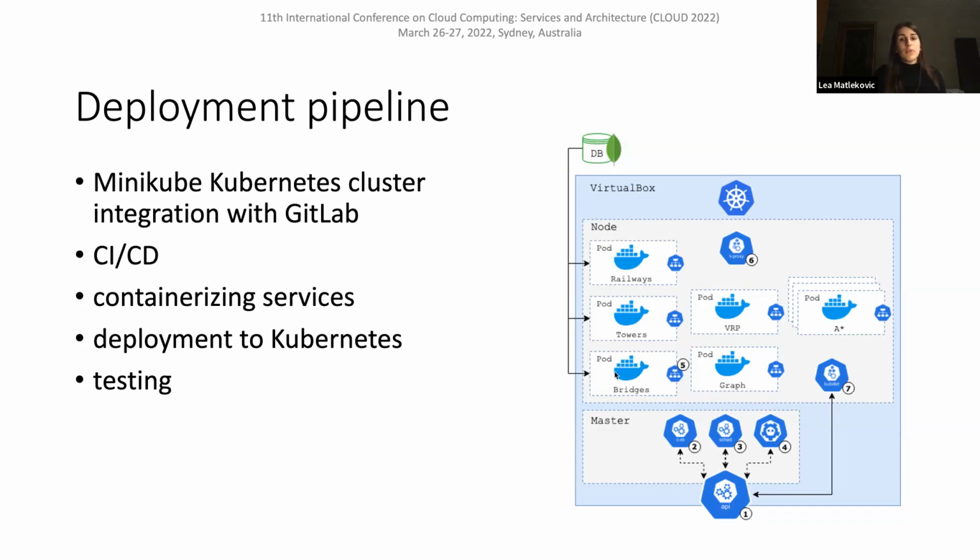These pods can then be replicated. For example, if we want many replicas of A-star pods, we just put in a configuration file how many we want, or we can set up automatic scaling, which will scale the services based on the demand for this service.